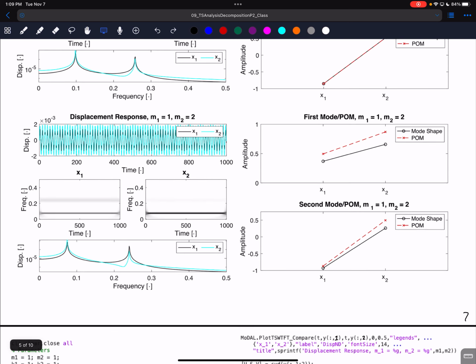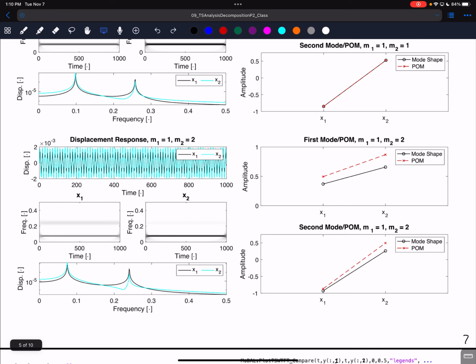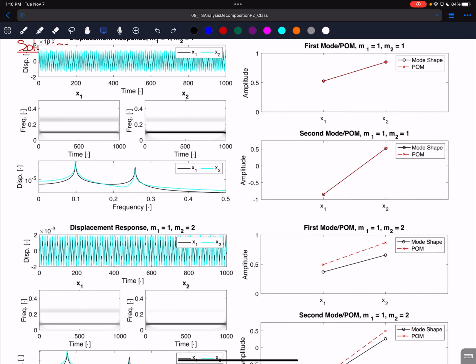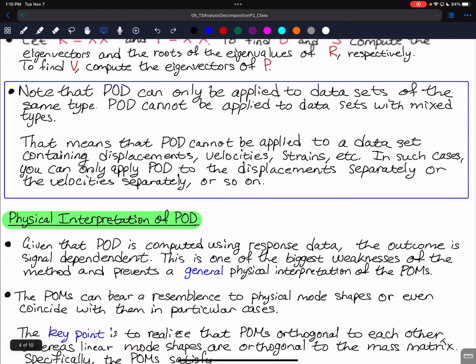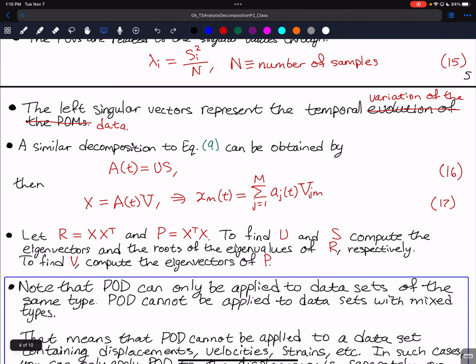But what does that have to do with contamination? Like, what did you mean by contamination? You'll see it in the worksheet. But basically, if the POMs are perfect mode shapes, then we can go back and do this decomposition shown by equation 16 here. That will give us a temporal evolution, 16 and 17.